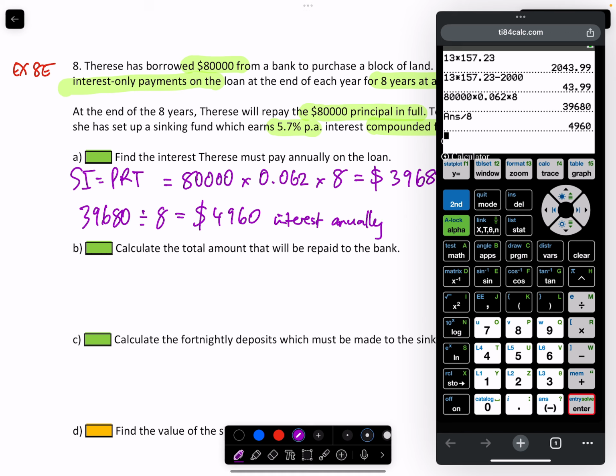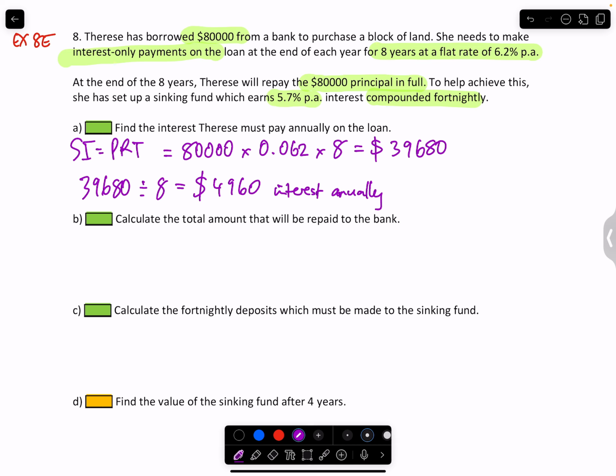Calculate the total amount that will be repaid to the bank. Well, in total, she's going to pay $39,680 interest plus the 80 grand that she's saving up in principal from her sinking fund.